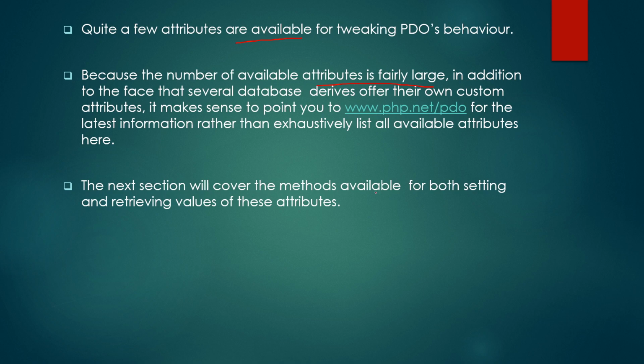The next section will cover the methods available for both setting and retrieving values of these attributes. There are two methods. If I want to set the values of these attributes, I have a method called setAttribute. And if I want to retrieve values of these attributes, I have a method called getAttribute.